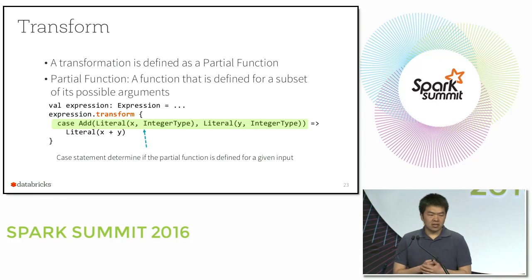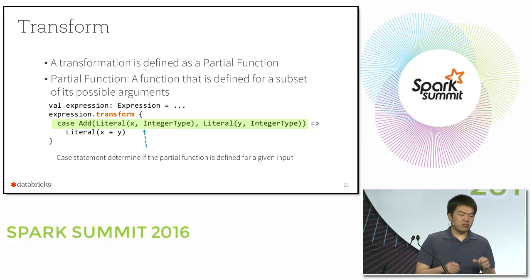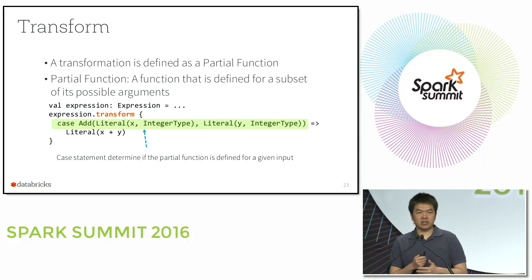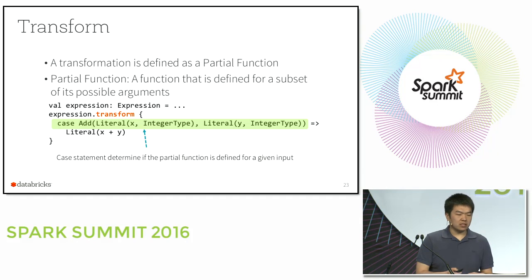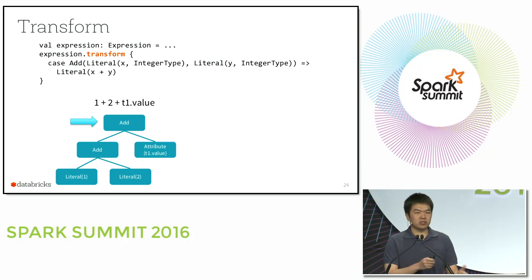So in this case, the transform is defined only for the add expression, and the children of the add expression need to be constant integer values. Now let's see how this rule will work with the expression tree we have.